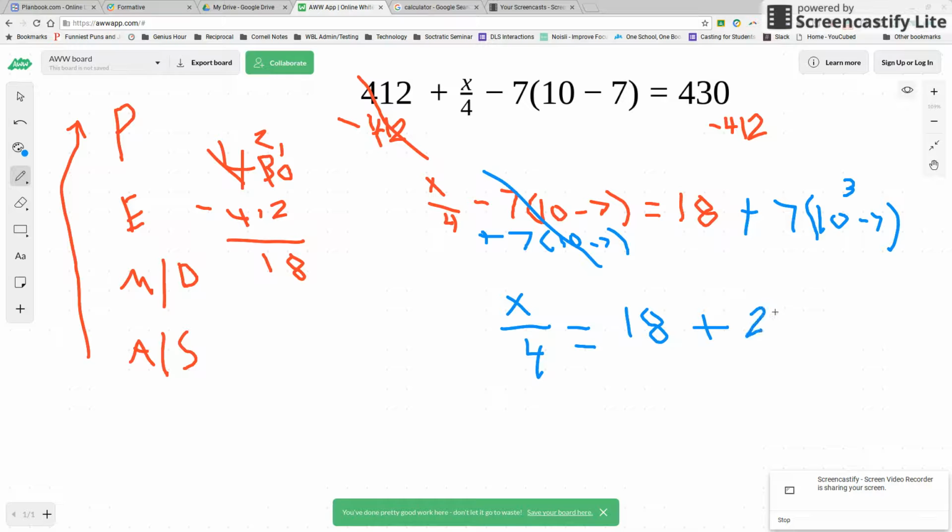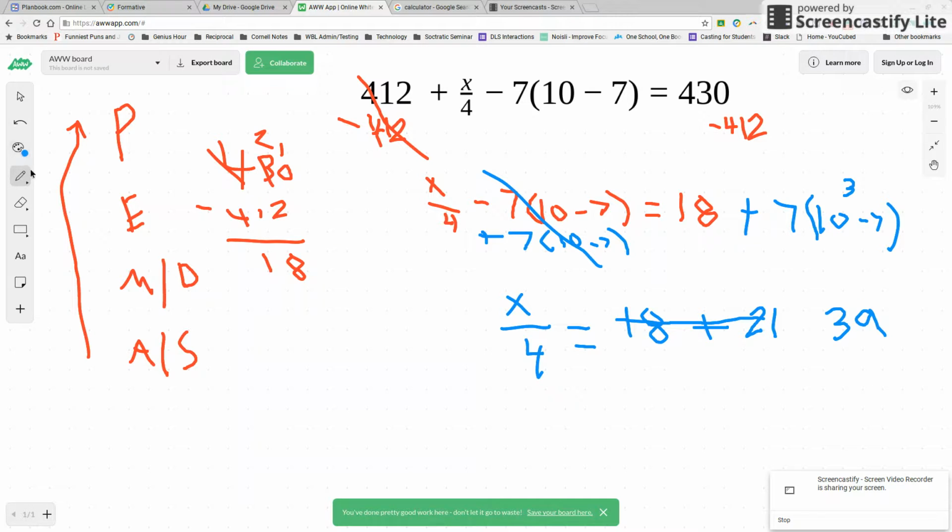So I could actually erase this whole equation here. 18 plus 21 is 39. So I could just put 39 there. All right, so I can take little shortcuts like that if I want. So this new equation equals x divided by 4 equals 39.